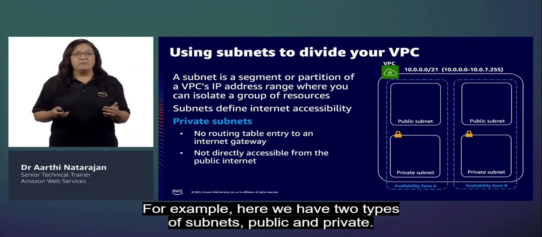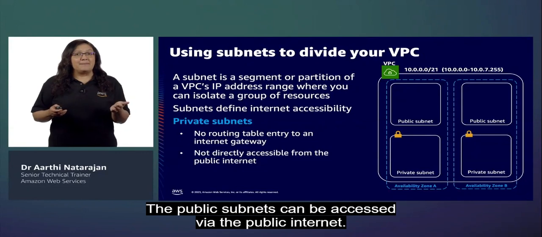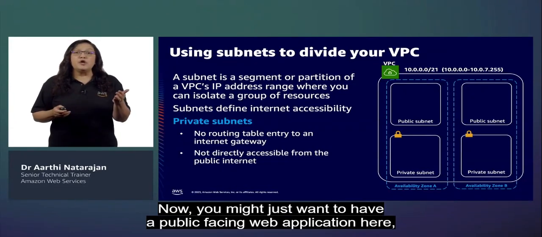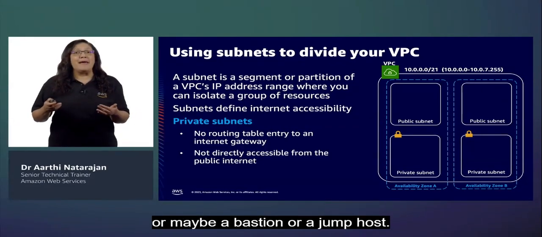For example, here we have two types of subnets, public and private. The public subnets can be accessed via the public internet. Now, you might just want to have a public-facing web application here, or maybe a bastion or a jump host.